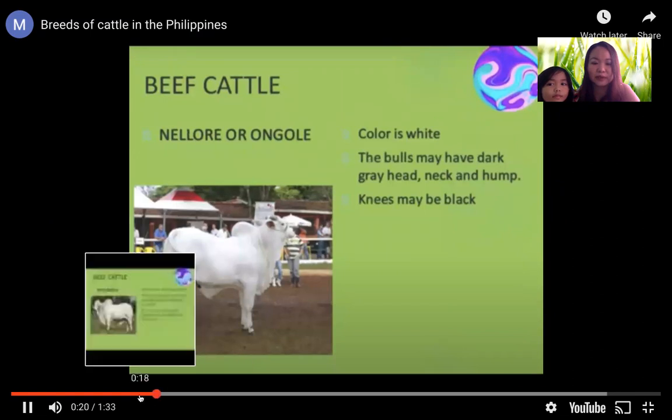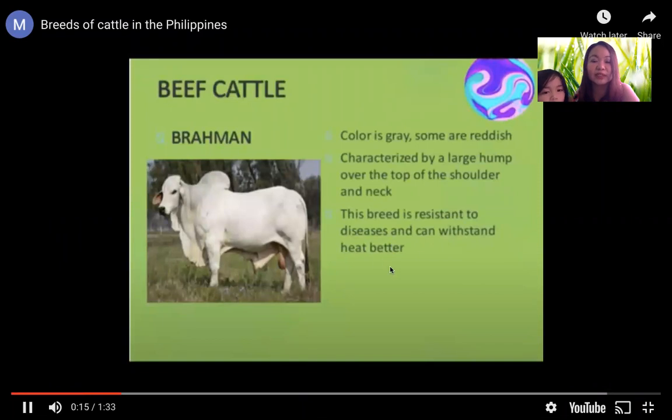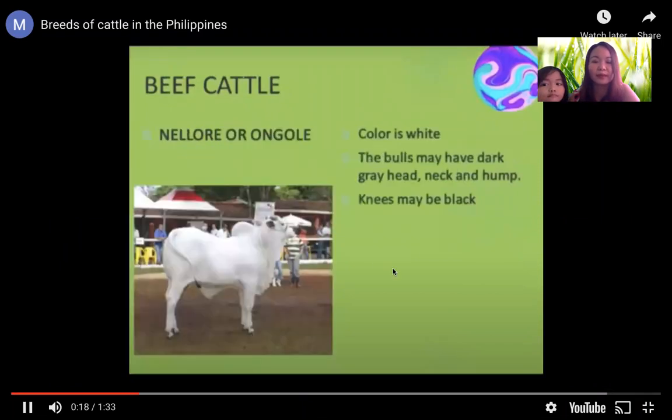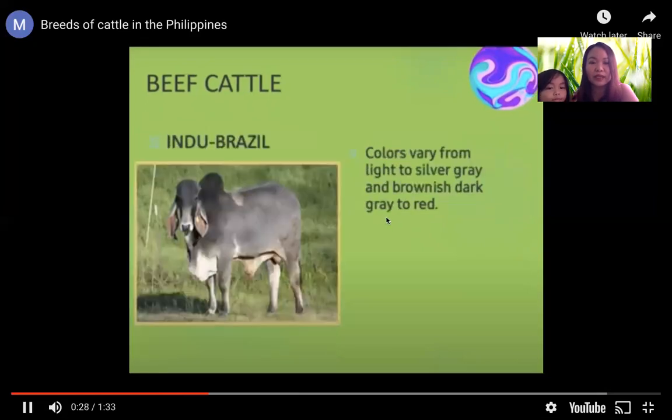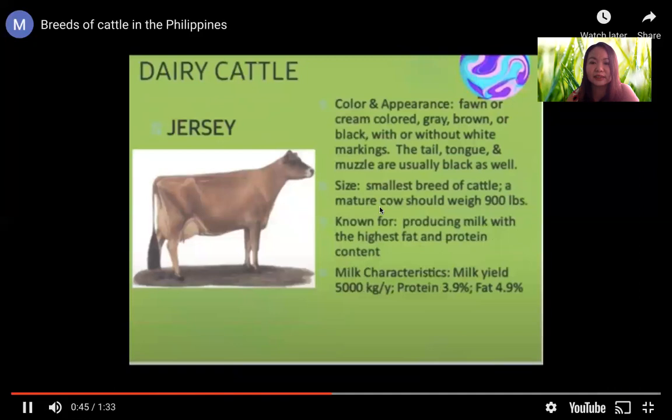This is resistant to diseases and can withstand heat better. Itong Nelore or Ongole is white, and the bulls have a dark gray head, and knees may be black also. Indo-Brazil colors vary from light gray, silver gray, and brownish dark gray to red. The Batangas cattle is not really a distinct breed of cattle in the Philippines, and these are fattened in Batangas.